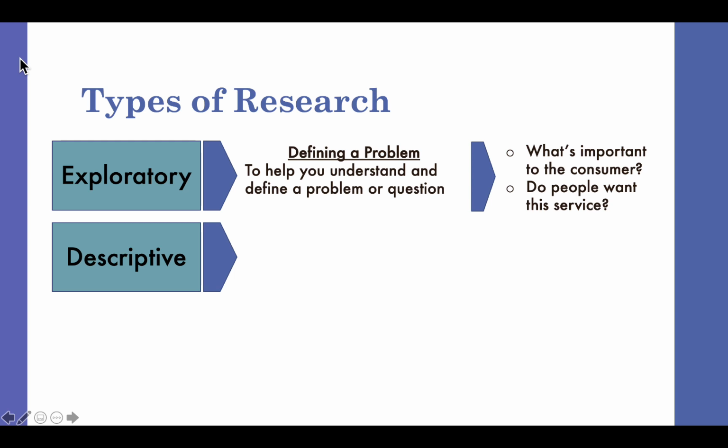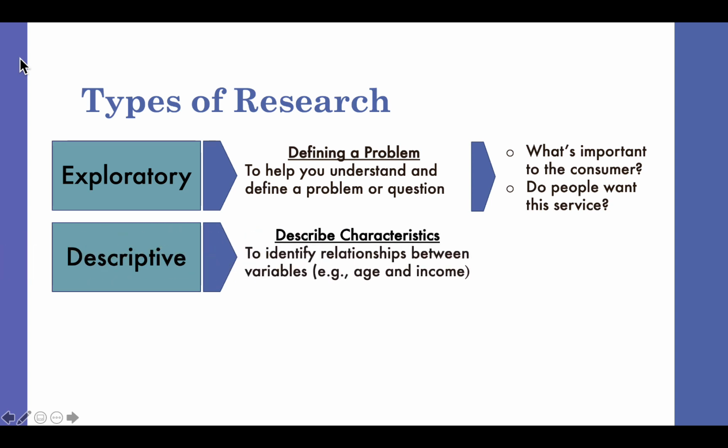Today we're going to talk about descriptive research, which again is looking at different types of variables. We all come with our own characteristics, our own personality, our own behaviors. And maybe you want to understand a target audience or a particular demographic and compare it to another variable.